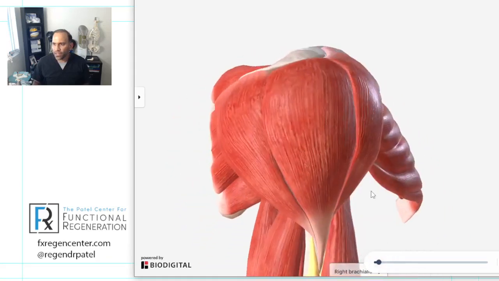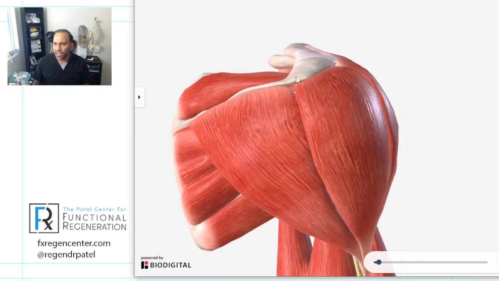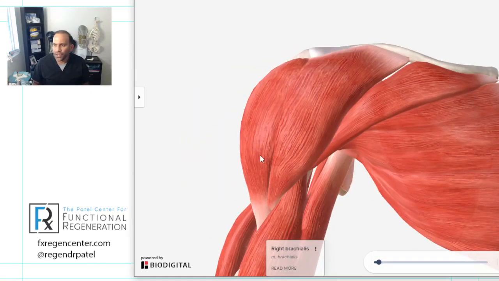One of the things that this big muscle does, because it does not actually attach onto the joint itself, but it goes over the joint area, is that it can actually pull that ball up from the socket. It can pull that bone up from the socket.